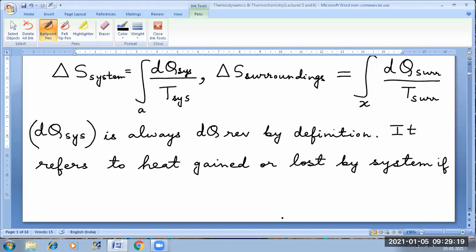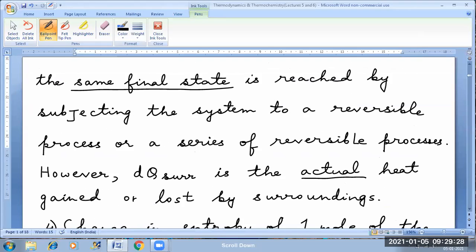But for delta S surroundings, no such thing is followed. For delta S of surroundings, we will take into account the actual heat gained or lost by the surroundings. That time we need not talk about an imaginary or alternative reversible path. We have to take into account the actual heat gained or lost by the surroundings in the actual process that has actually taken place in reality.